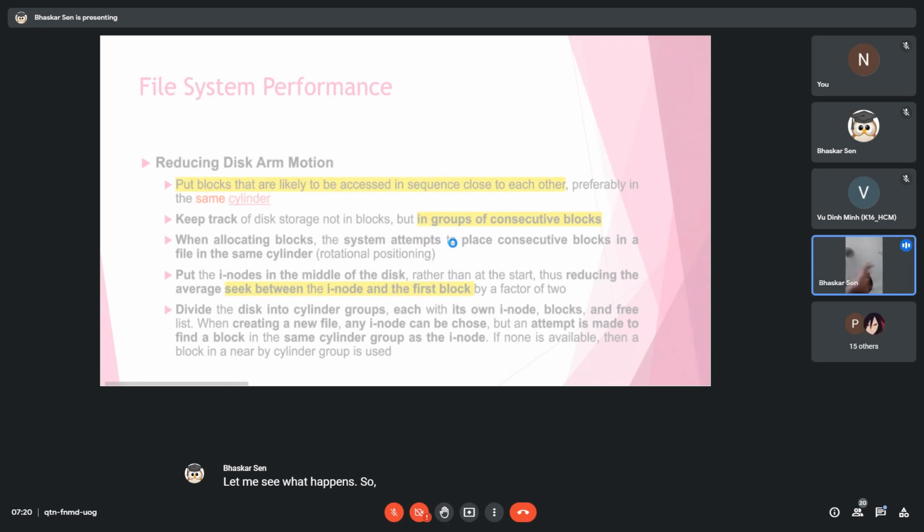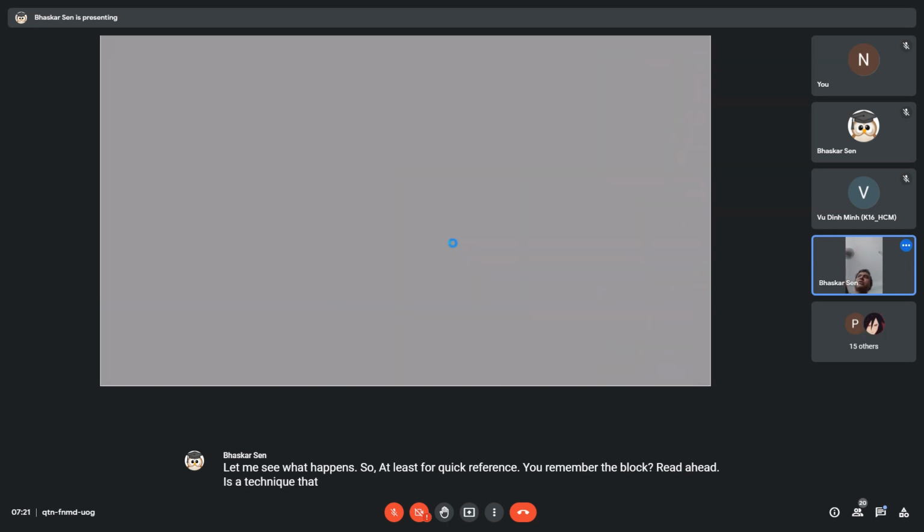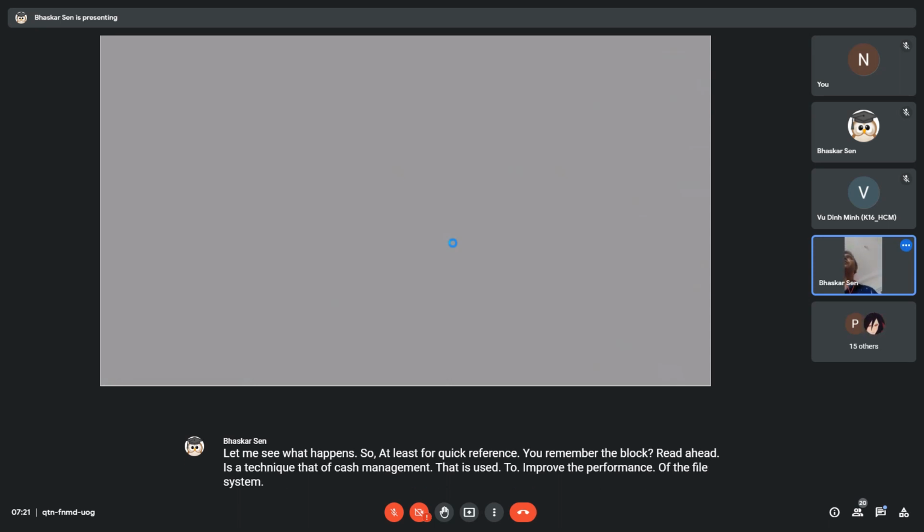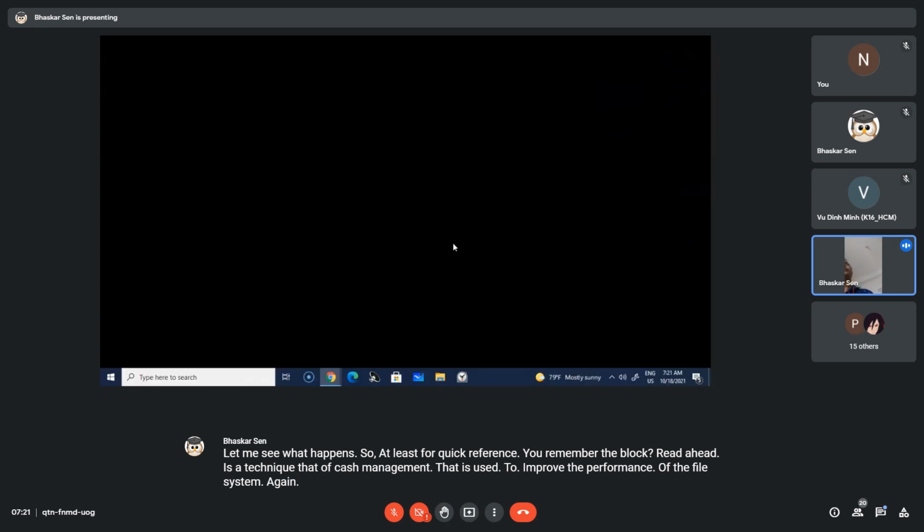So, at least for quick reference, you remember block read ahead is a cache management technique that is used to improve the performance of the file system for sequential file access, when the file access pattern is sequential.